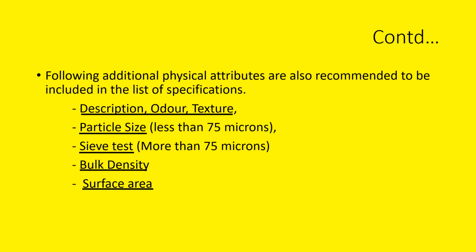This decides the flowability of the formulated granules for getting the required quality of the tablets. I hope you understood the requirements for establishing the specifications for APIs and other materials used in the manufacturing process.